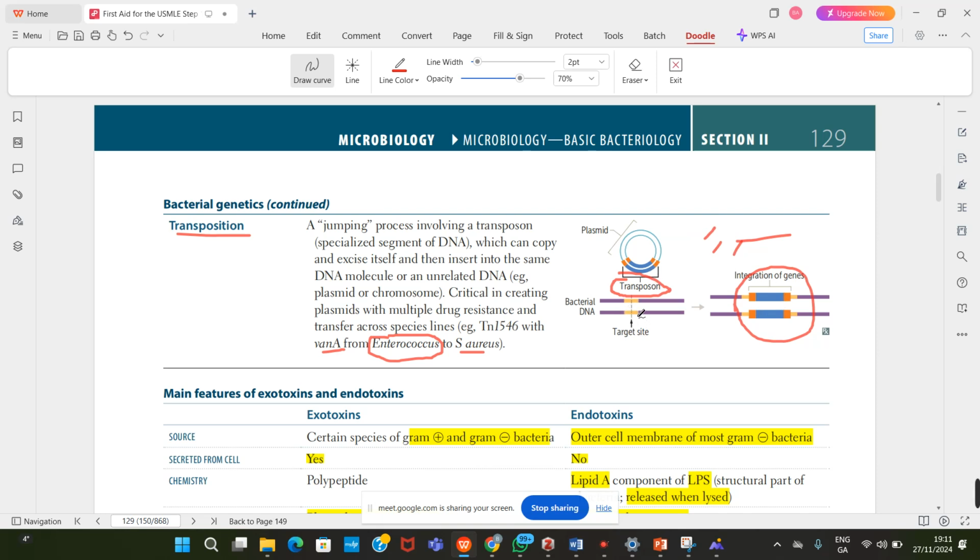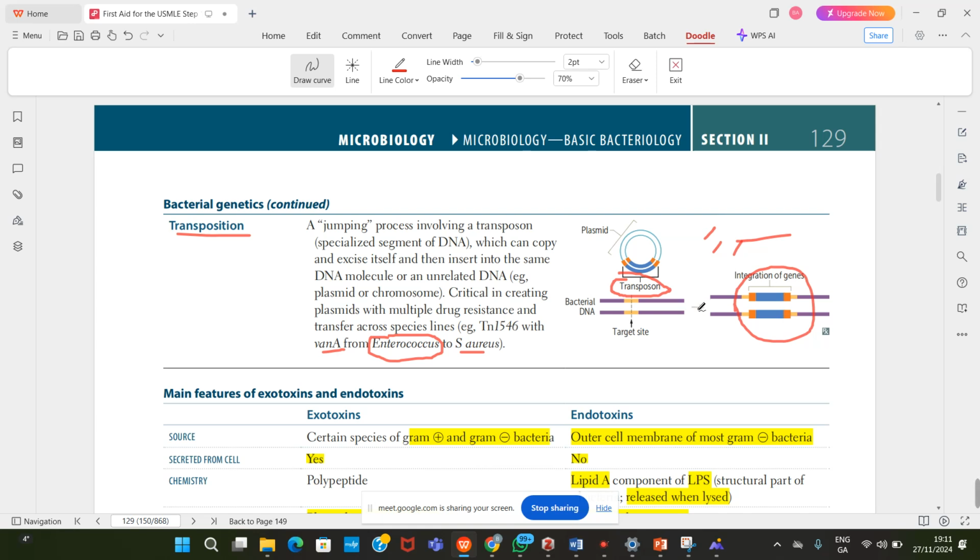The bacteria will start expressing the gene, and they will become better in some way. So the new bacteria, does it have its own gene initially? It now has two: its own gene and the one from the first bacteria.